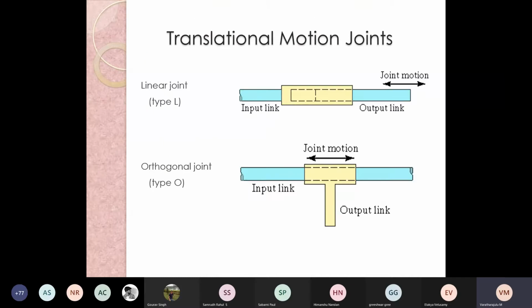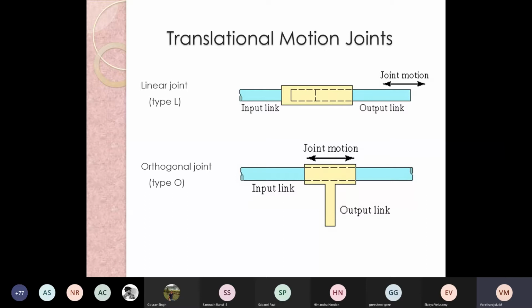This is the linear type of joint, written in short form as L. It permits linear sliding motion between 2 links whose axes are parallel. The second joint is the orthogonal joint.